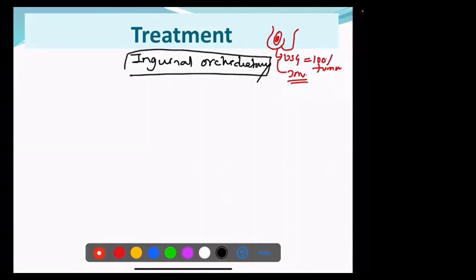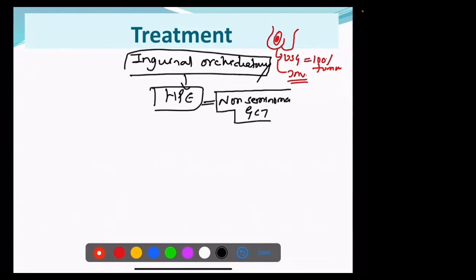And the histopathology report came to you as non-seminomatous germ cell tumor. It could be teratoma, embryonal carcinoma, yolk sac tumor, or choriocarcinoma. Anyone. These all are known as non-seminomatous germ cell tumors. And if you see the investigations, CT chest, abdomen, then now you can stage the disease.